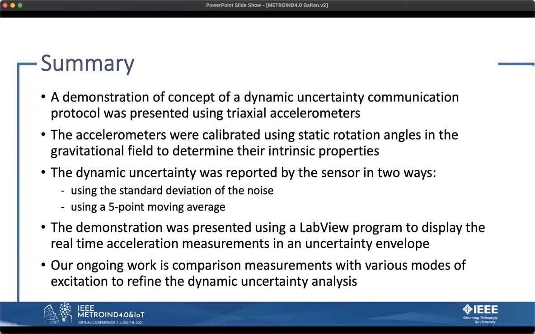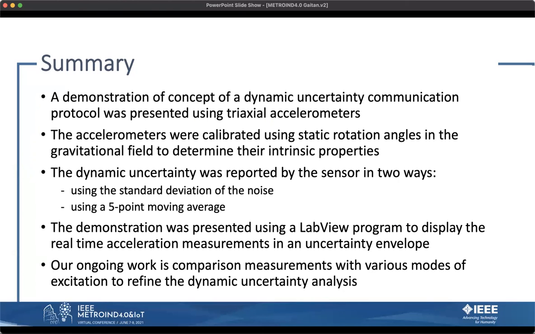The demonstration that I showed here was presented using LabVIEW to display the real-time acceleration measurements together with an uncertainty envelope. And our ongoing work is now to work on the comparison measurements with various modes of excitation to refine the dynamic uncertainty analysis.